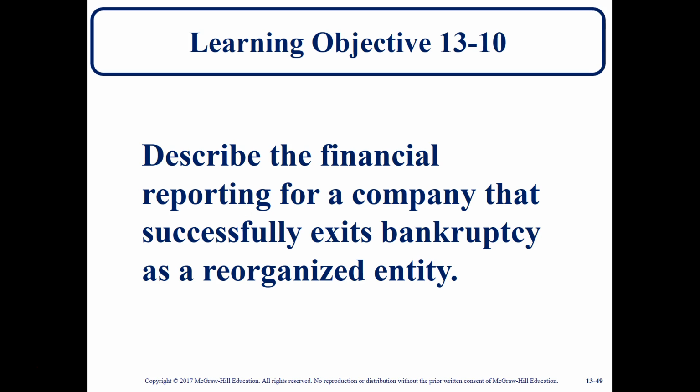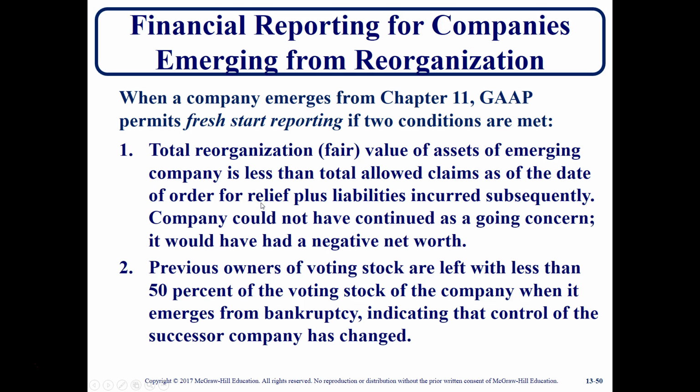The 10th objective. Describe the financial reporting for a company that successfully exits bankruptcy as a reorganized entity. So again, in Chapter 11 bankruptcy, GAAP permits fresh start reporting with two conditions being met. First, total reorg fair value of assets of the emerging company is less than the total allowed claims as of the date of order for relief plus liabilities incurred subsequent.